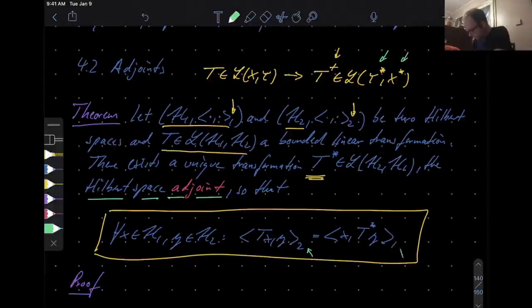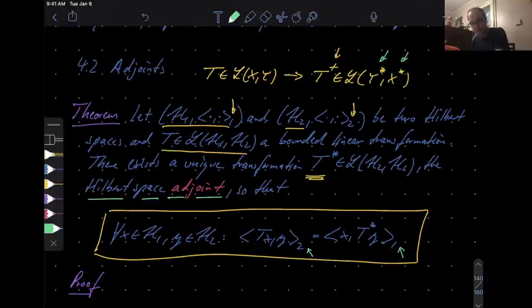Here's the one from the second space, here's the one from the first space. And what it says is, for any vectors x in the first Hilbert space and y in the second Hilbert space, you can look at the inner product of Tx with y. So Tx maps into the H2 space. So these are indeed two objects in the second Hilbert space, and that's why the left-hand side makes sense.